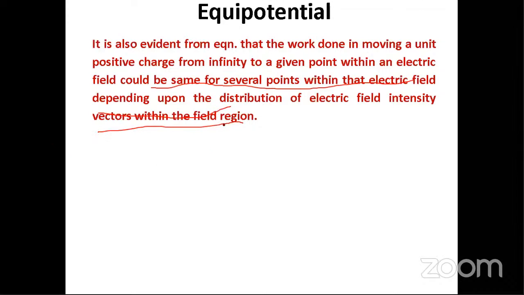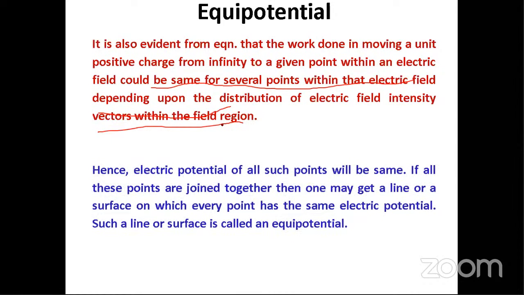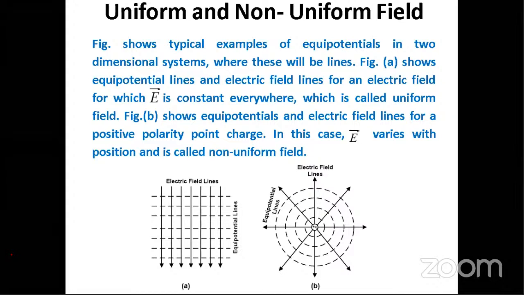It means that within the same electric field, if some points are at the same potential, then these lines are called equipotential lines. This will be much clearer if you consider that these points are at the same distance from a particular charge, so they maintain an equipotential line.